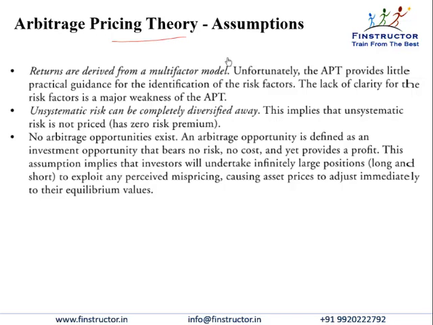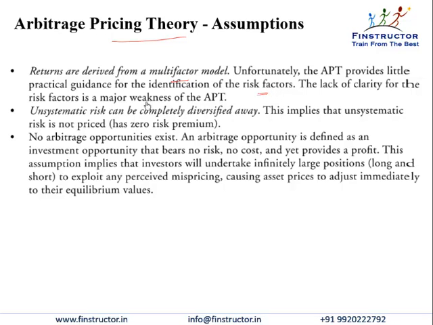So APT assumes that first returns are derived from a multi-factor model. Return on the market may be one factor in that multi-factor model, but there are other factors also that drive returns of stocks. Unfortunately, the model provides little guidance for the identification of those risk factors.